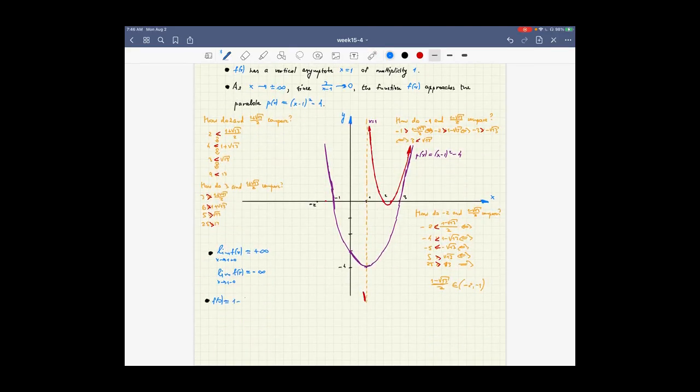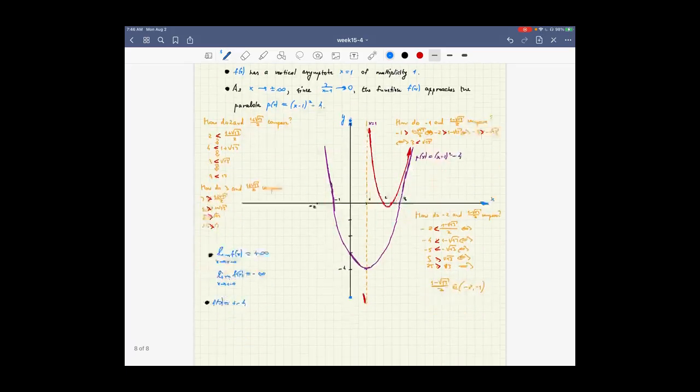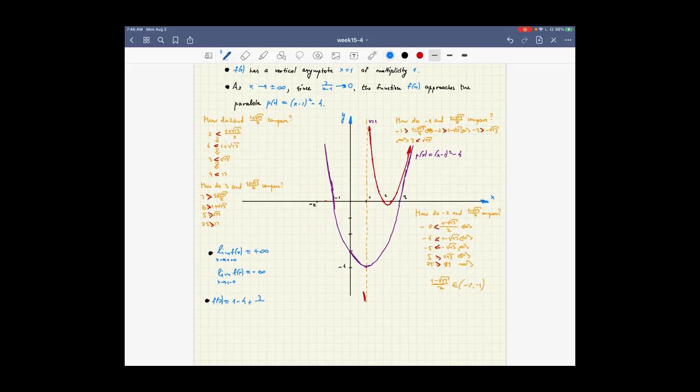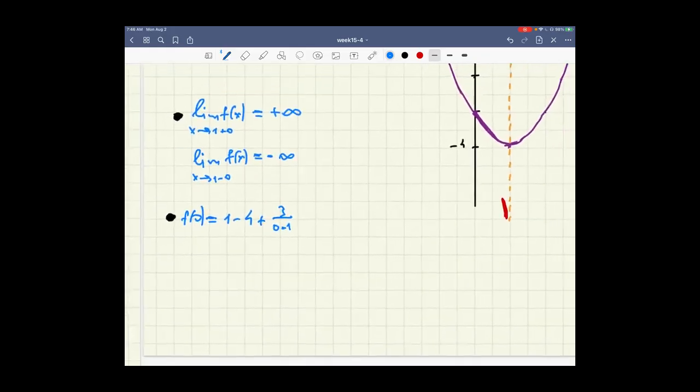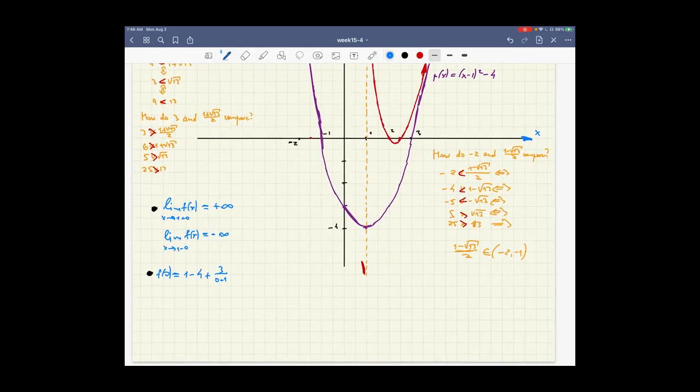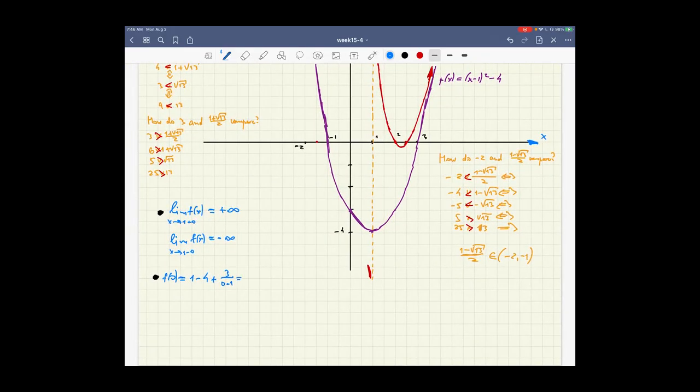So that's 1 minus 4 plus 3 over 0 minus 1, which is negative 3 plus 3 over negative 1, which is negative 3 minus 3. That's negative 6.